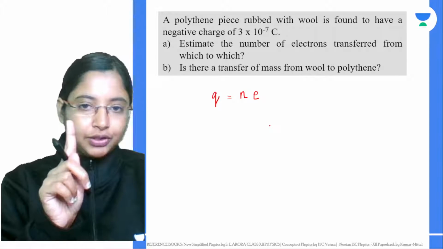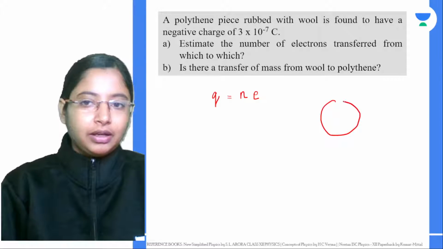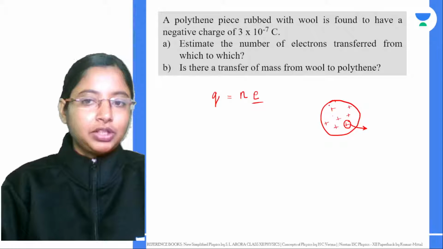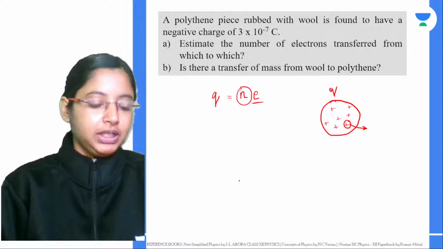Let's say there are n number of positive charges. The charge on one particular positive charge is e, and there are n such charges. That gives you the total charge of the system, q equals n times e.